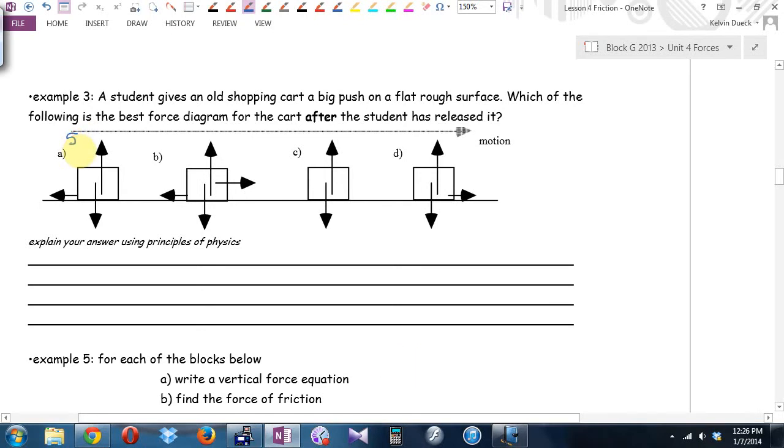Who says, nah, people, it's got to be B? 1, 2, 3, 4, 5. Who says C? 1. Who says D? It's got to be D. 15.